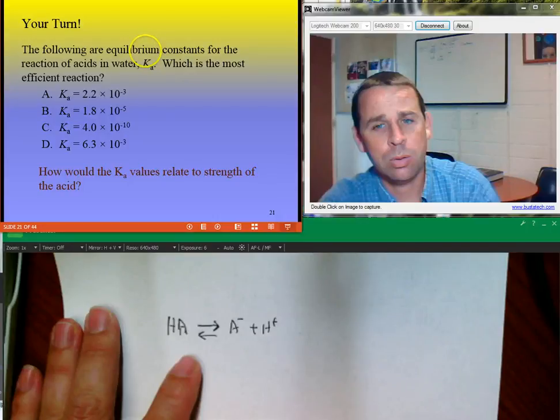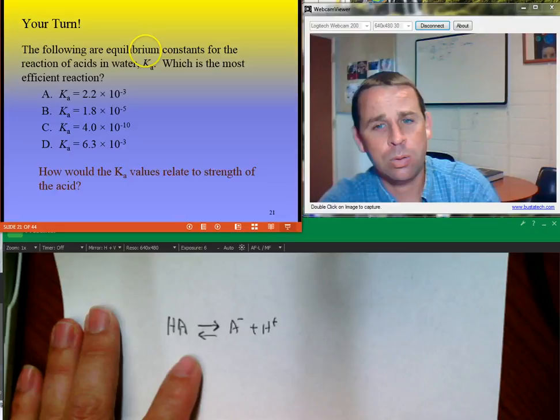If I'm talking about the equilibrium constant for a weak acid like this, it shows the concentration of the products over the concentration of the reactants. It's telling me how much of this will actually dissociate into the dissociated form. So if I have a very large value, then the acid is very effective or efficient at dissociating.